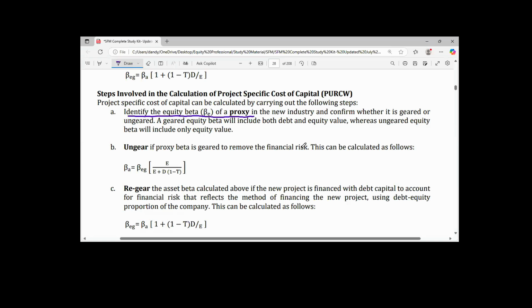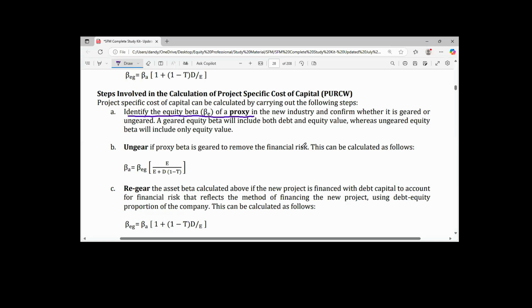Now, if the beta you have identified in step 1 is geared, you need to remove the financial risk because your intention in step 2 is to determine the beta that measures the risk of the industry where the company is moving to, which is the business risk.